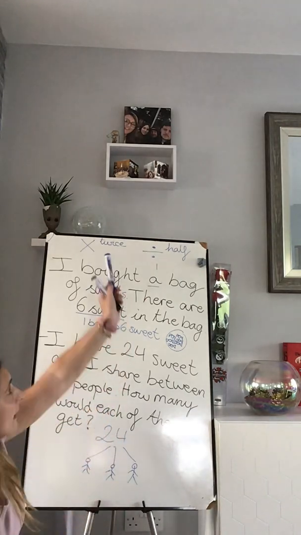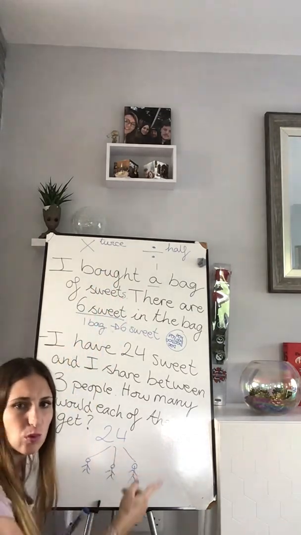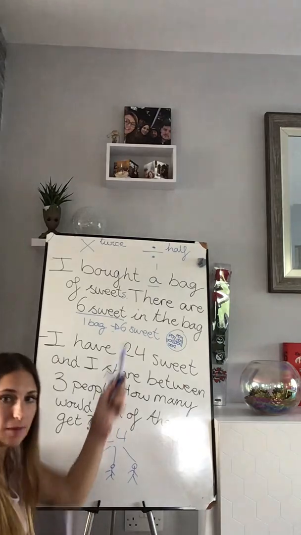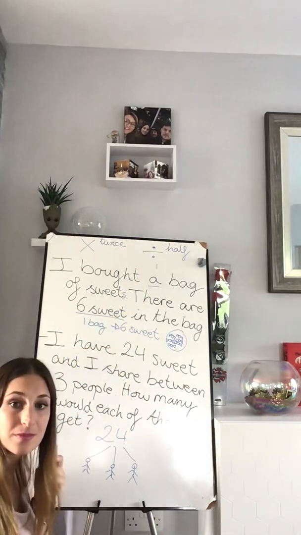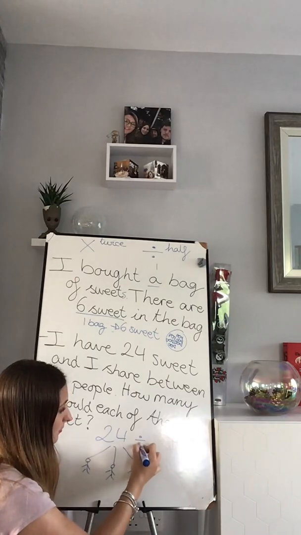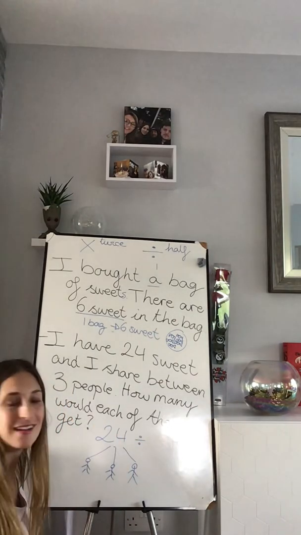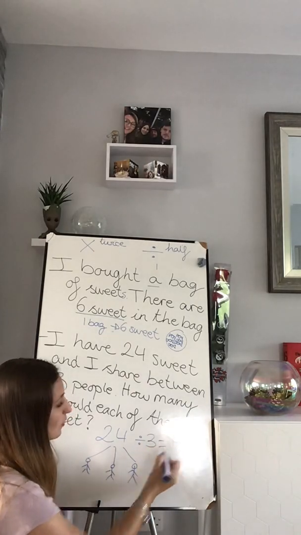What am I doing? Am I giving more sweets? Am I having more? Am I timing it? Or am I sharing? Am I dividing? I am sharing, aren't I? I'm dividing my 24 sweets between how many people? 3. And I'm dividing it equally.